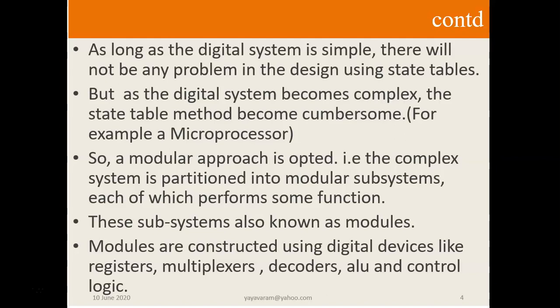Modules are constructed using digital devices like registers, multiplexers, decoders, ALU, and control logic, as I've just explained. So how do you construct a module? They are constructed using devices like registers, multiplexers, decoders, ALU, control logic, etc. Let us discuss in detail.